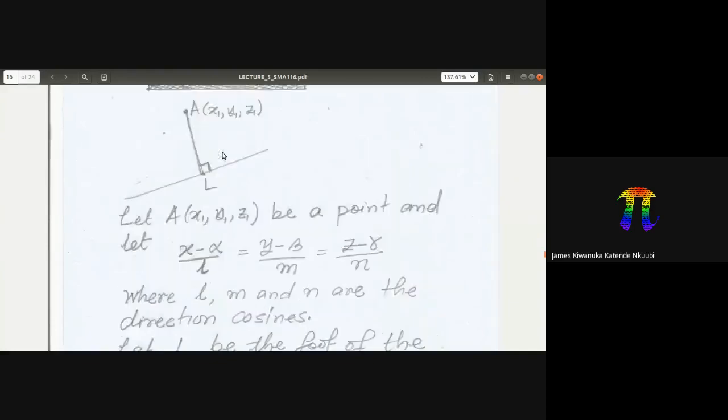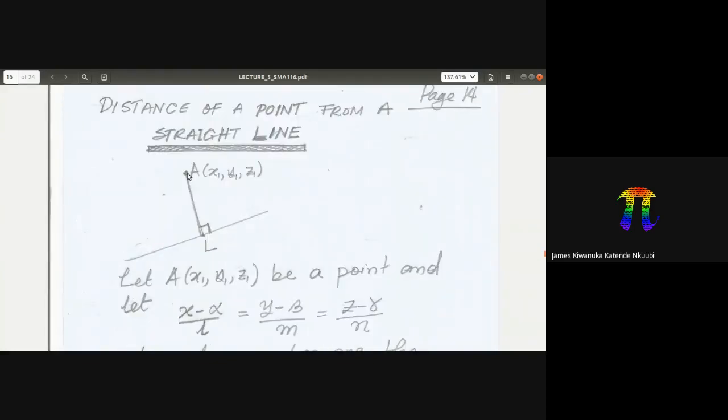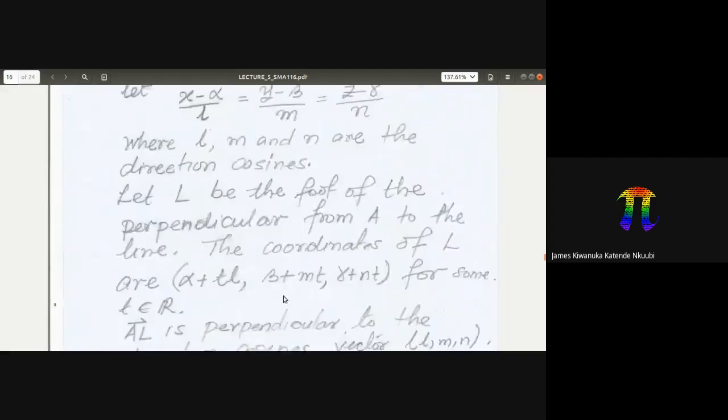So L here is the foot of a perpendicular that is drawn from A to the line. So that distance, from A to L, will be the distance we are looking for.